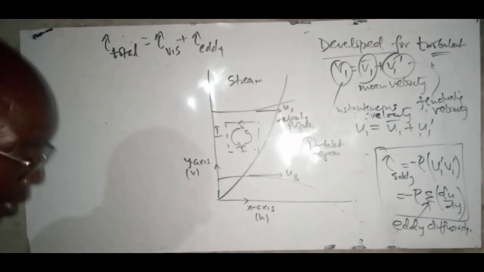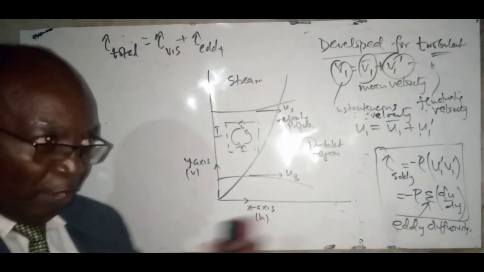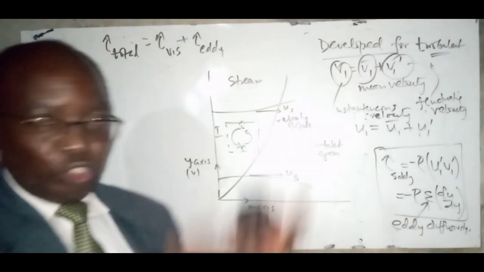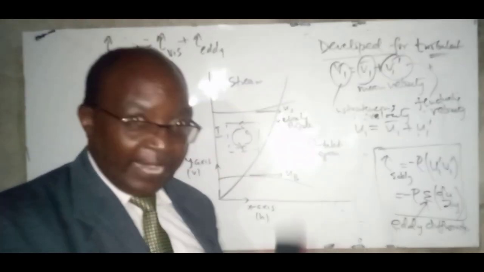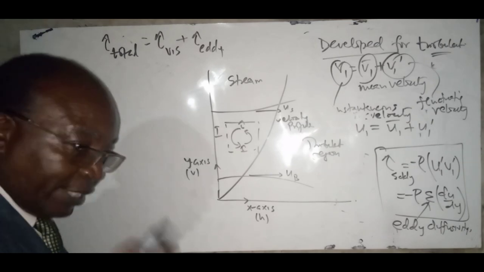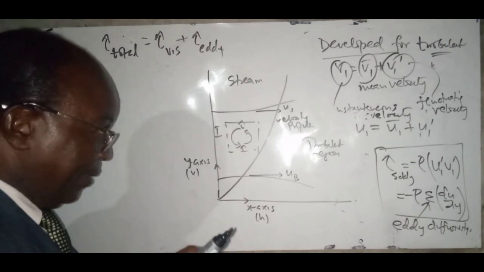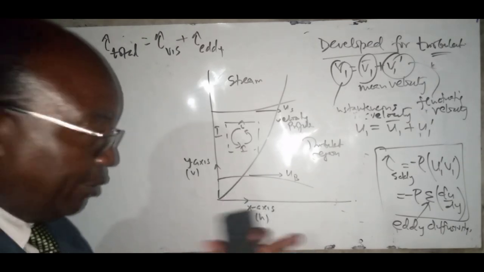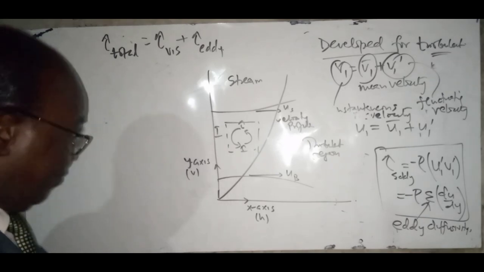Now, we want to see if we can develop a model for heat conduction in this turbulent region. And always remember, the turbulence is a result of those velocity gradients in the fluid flow.